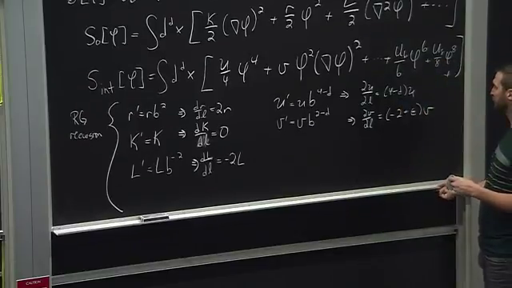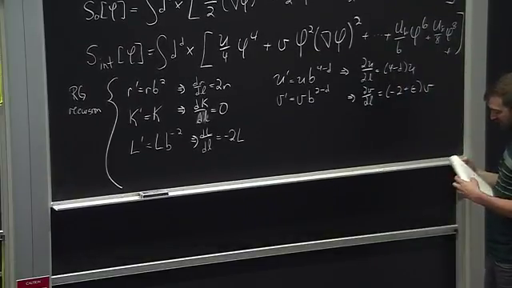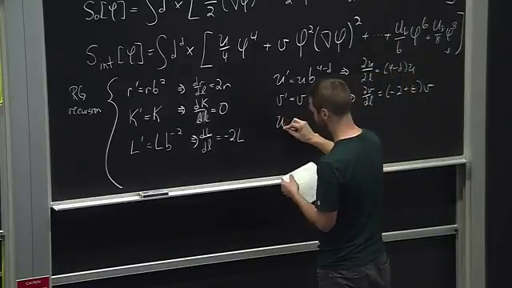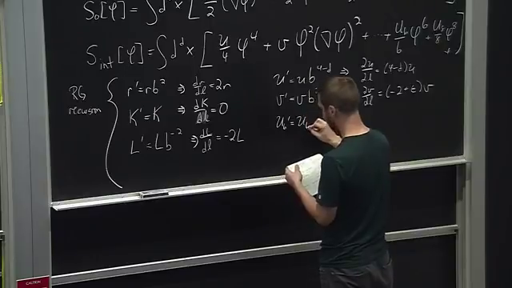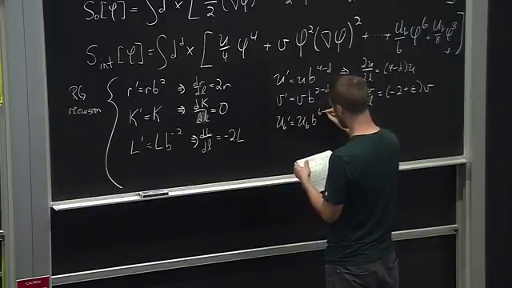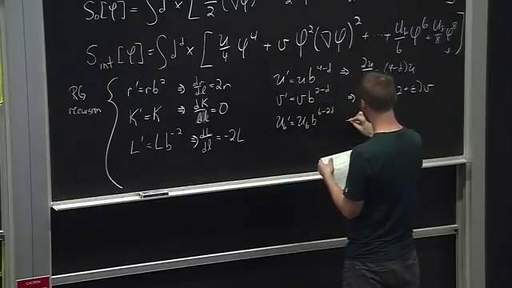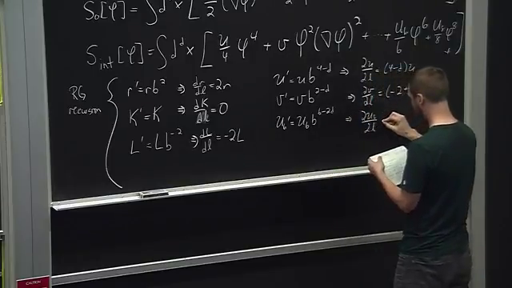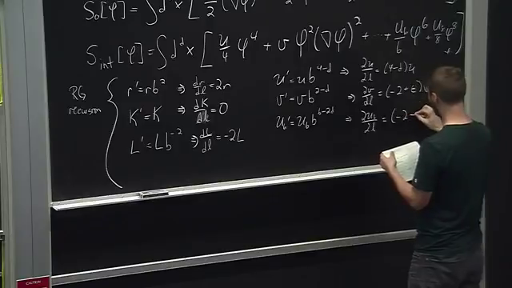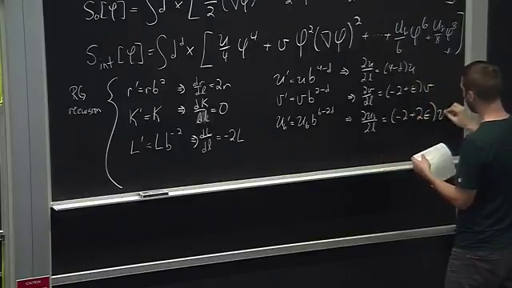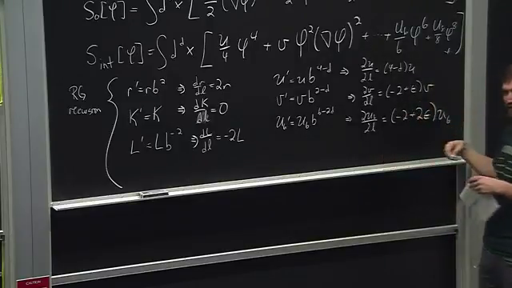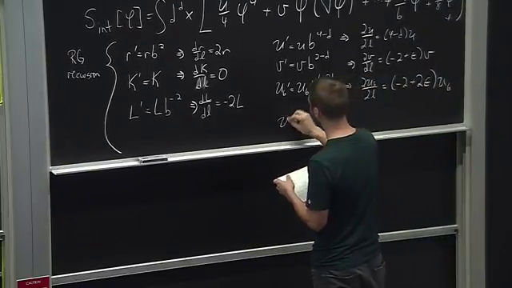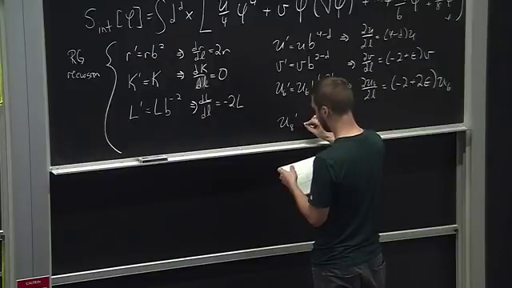I'm just putting in my epsilon there. And importantly, for U6, du6 over dl goes like minus 2 plus 2 epsilon. I'm writing them like this so that you can see what's relevant and what's irrelevant as a function of epsilon.